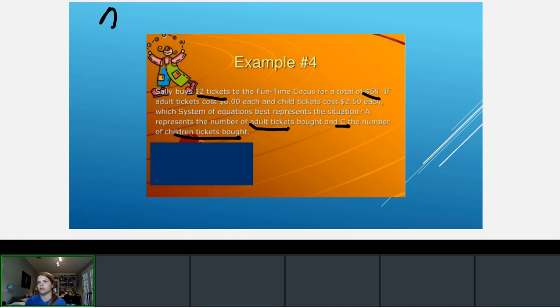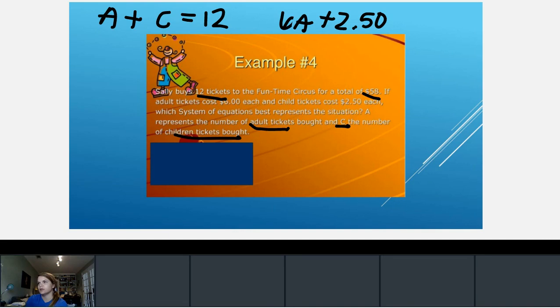Okay, so we know that adult plus child tickets total, she bought 12 tickets. We know that adult tickets were $6. So 6A, sorry about that. $6 per adult plus $2.50 per child, and she spent a total of $58.